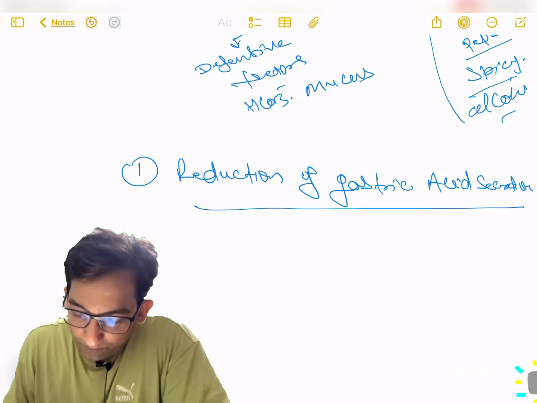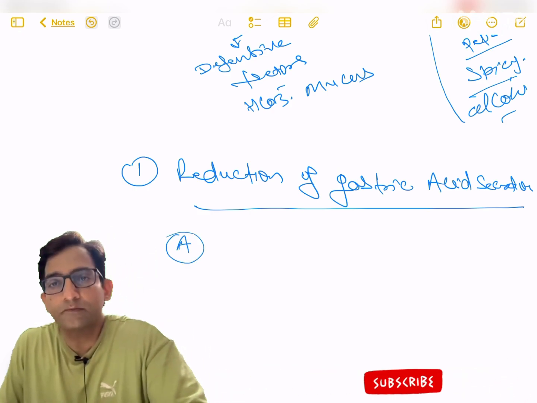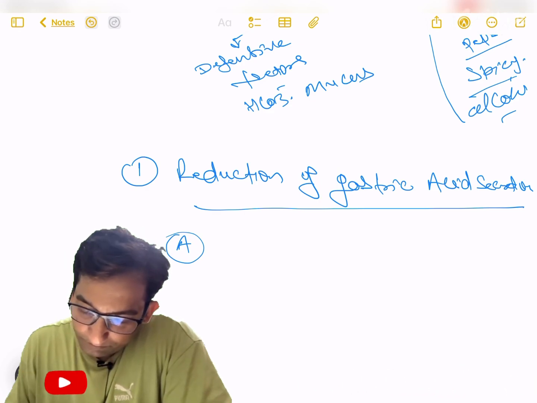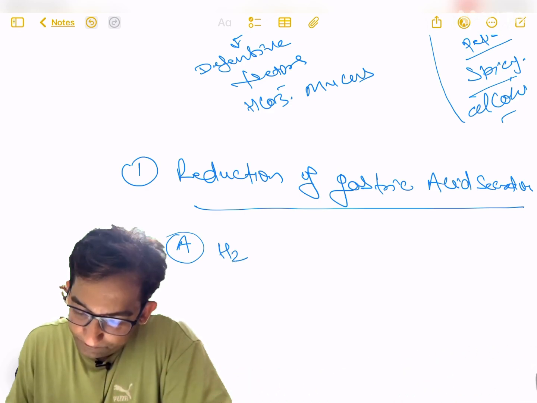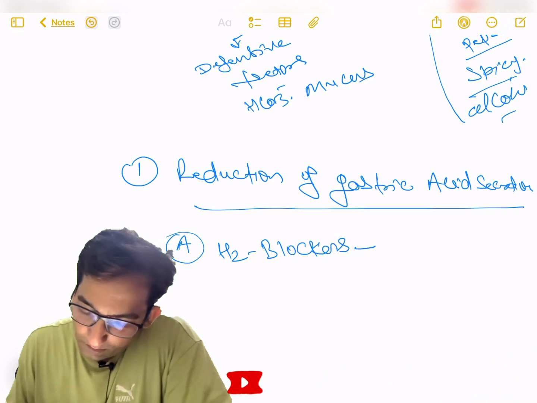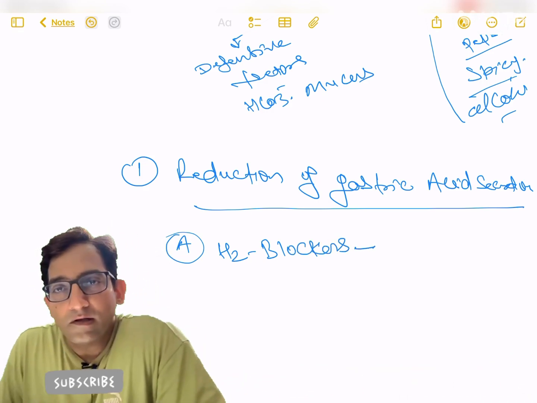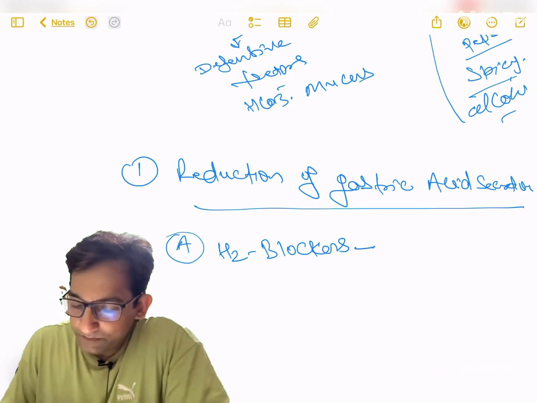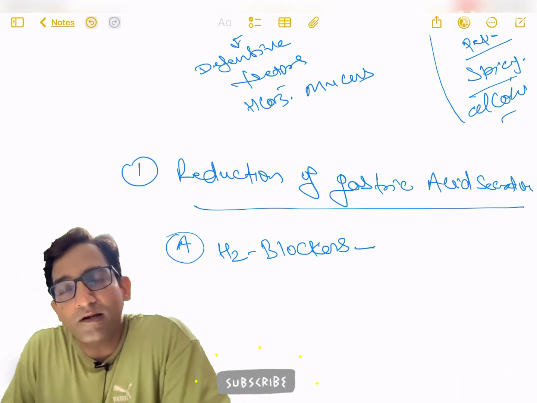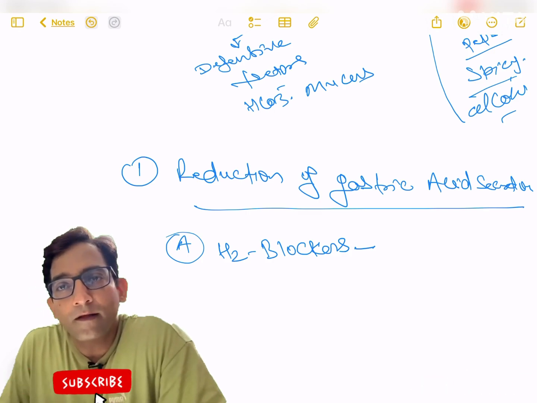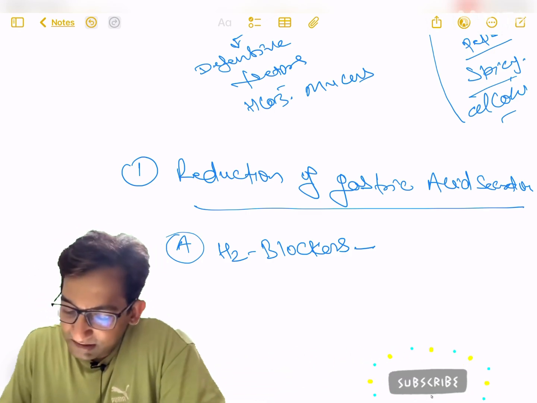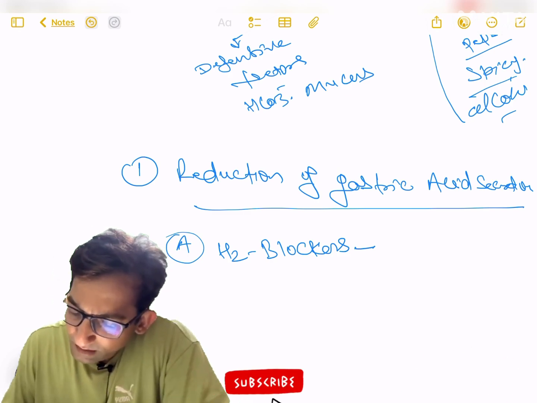In this category, the first one is H2 blockers. H2 means histamine 2 blockers. We know that histamine, especially the H2 receptor, is responsible for gastric acid secretion. These are drugs which antagonize the action of histamine on gastric acid secretion.